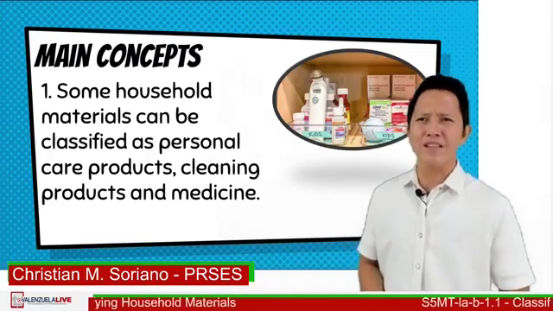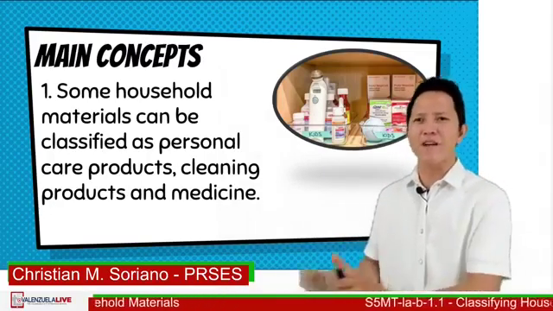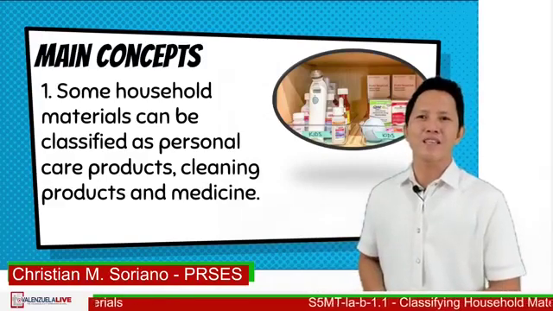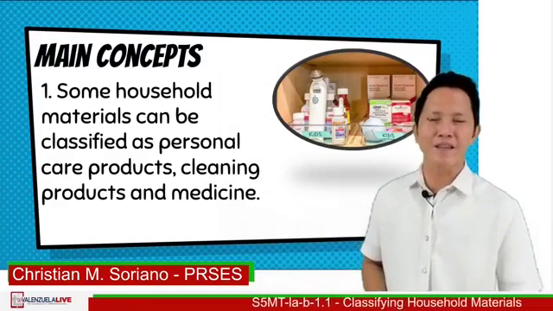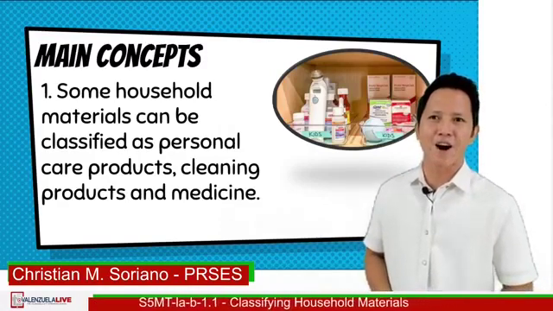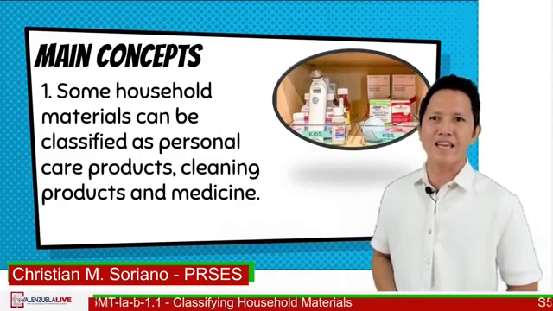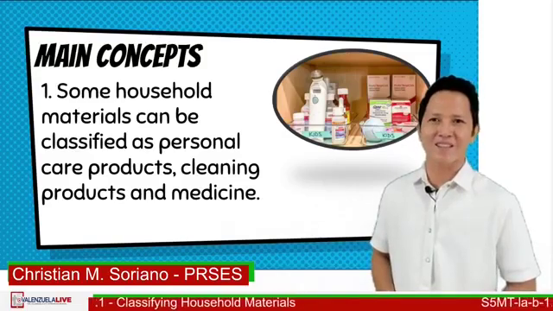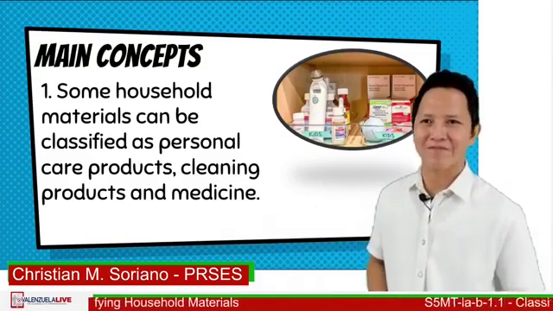Because some products cannot be mixed with other products. Some products can be harmful and some products are not. So that is the essence of classifying the household products that we normally buy.